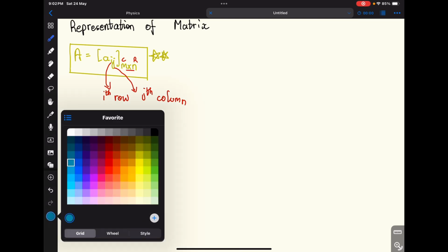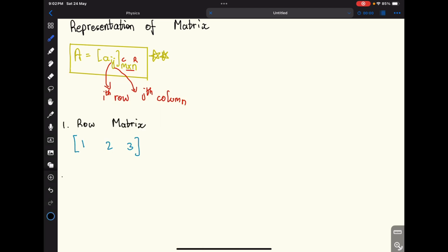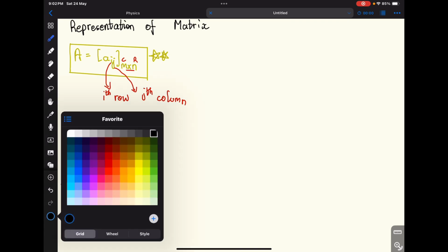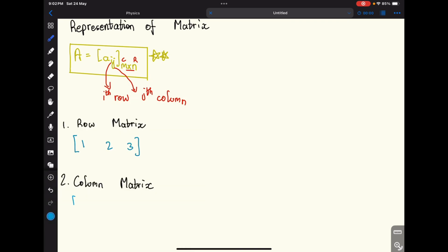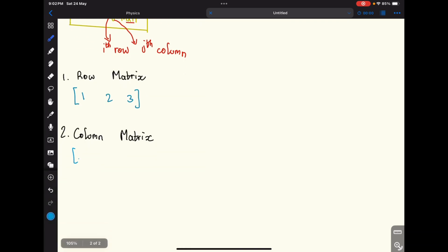These are all easy things, you'll understand with my one-time explanation. Next comes column matrix. Similar to a row matrix, here you have only one column: 1, 2, 3. Only one column. I think this doesn't need any explanation, these are just basic things.